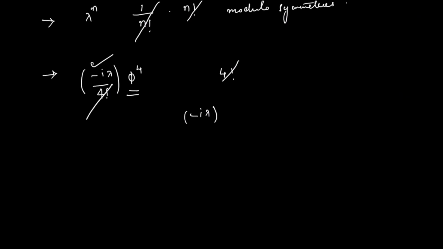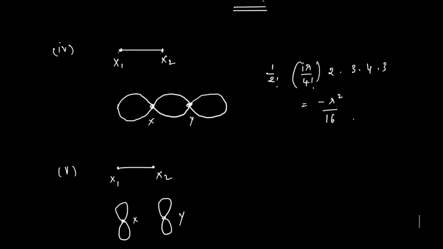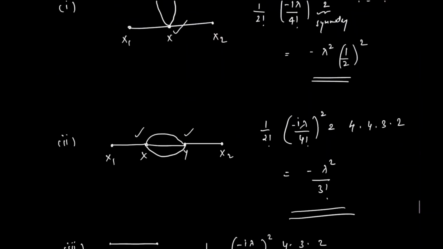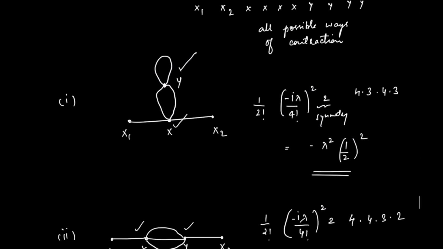Okay. But this way leads to overcounting, and therefore we have to divide by symmetry factors from permuting vertices and legs. So in this first diagram you can see the vertices x and y are not symmetric, but the vertex coming from x has two symmetric legs.